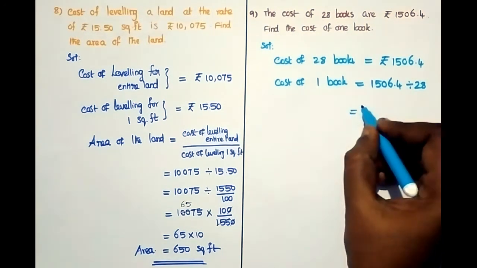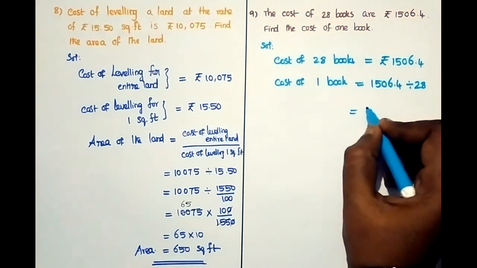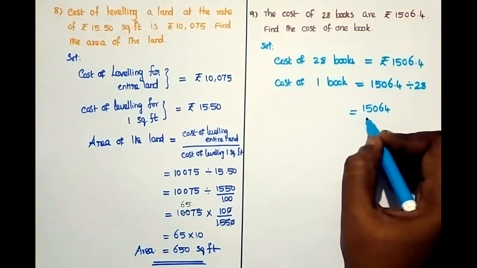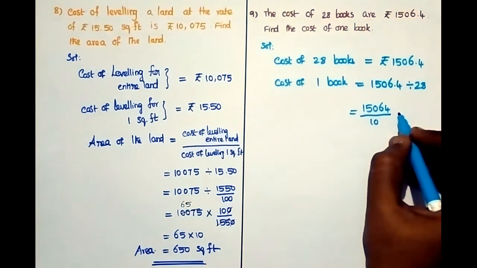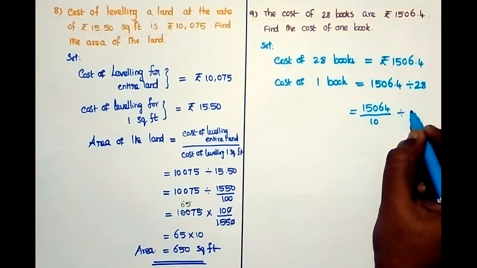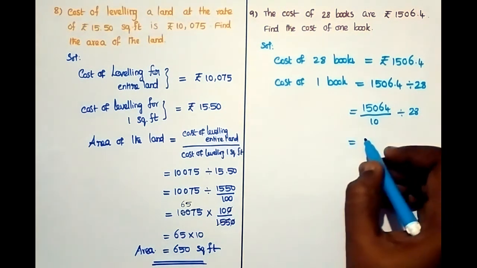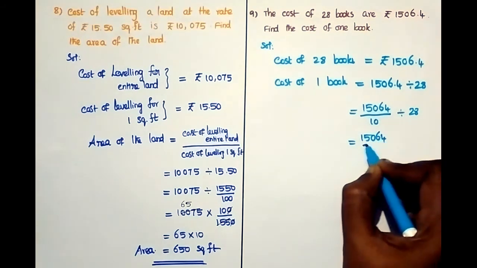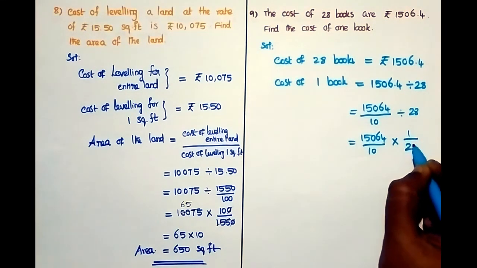So 1506.4, how will you write in fraction? 15064, that is 15,064 divided by 10 divided by 28. Now write down the fraction as it is and change into multiplication, means 1 by 28.